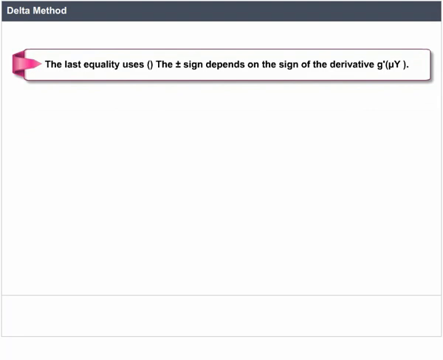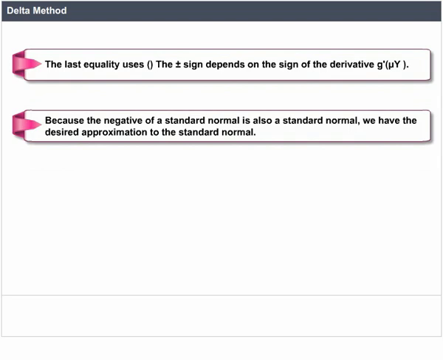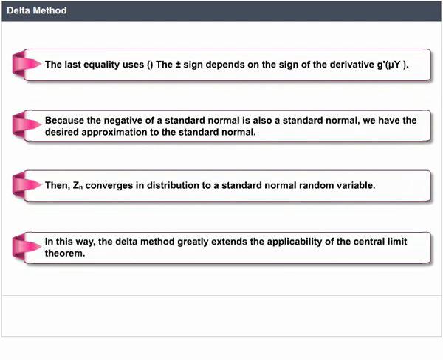The plus or minus sign depends on the sign of the derivative g'(mu_y). Because the negative of a standard normal is also a standard normal, we have the desired approximation to the standard normal. Then Zn converges in distribution to a standard normal random variable. In this way, the delta method greatly extends the applicability of the central limit theorem.